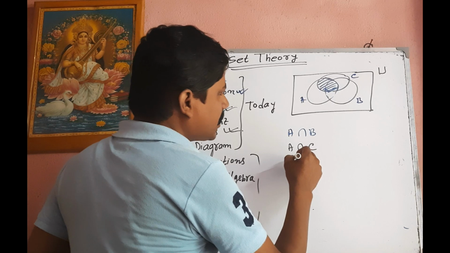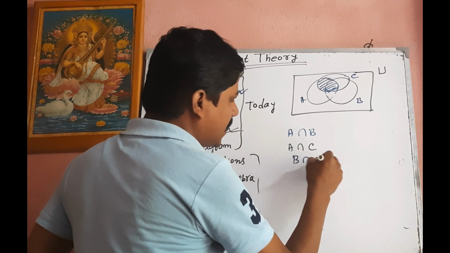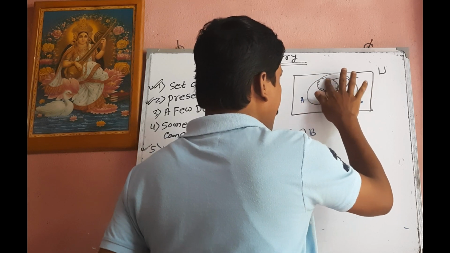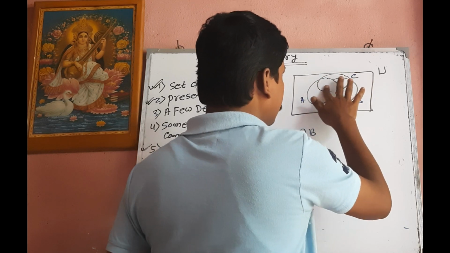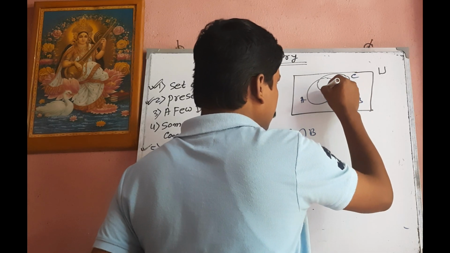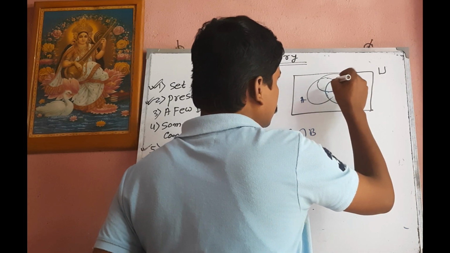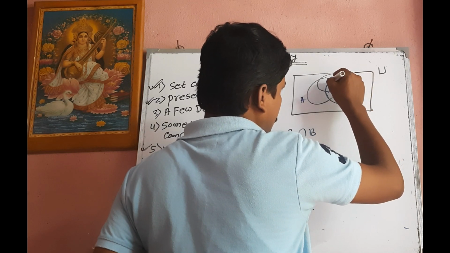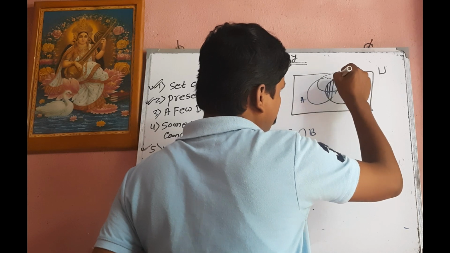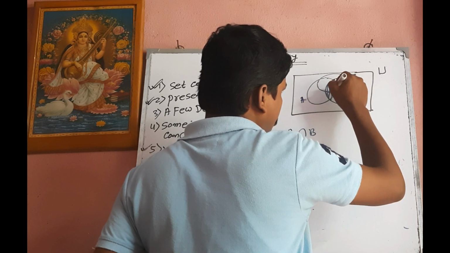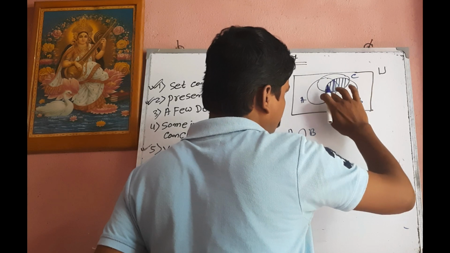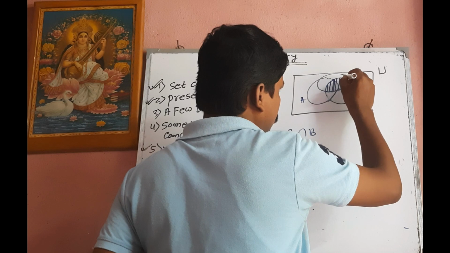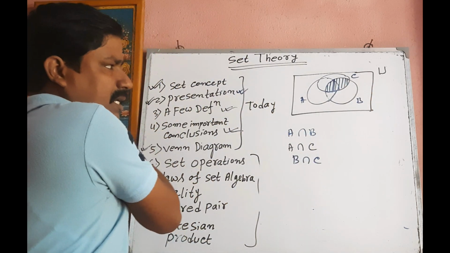Similarly, when you are discussing B intersection C, this one, B and C. B intersection C is there.